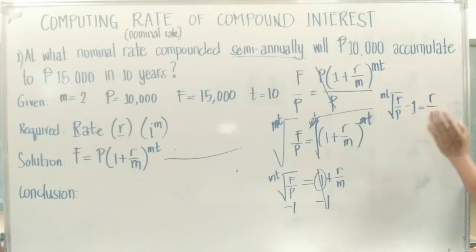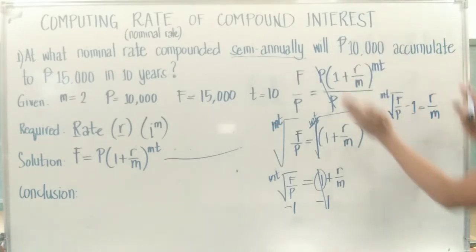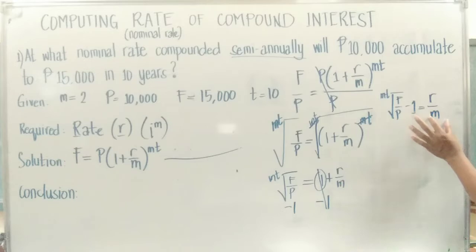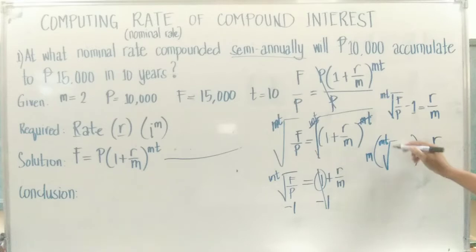Again, we are using the inverse, or in your basic terms, the multiplication property of equality. So we will multiply both sides by m, or by cross multiplying on the other side. So it will become r on the other side, and m will be multiplied on the other side. And it will look like this.